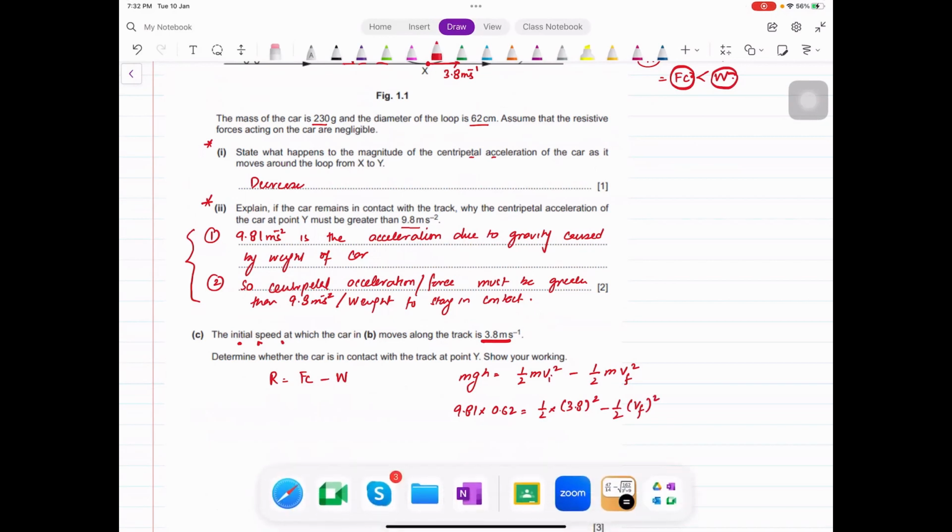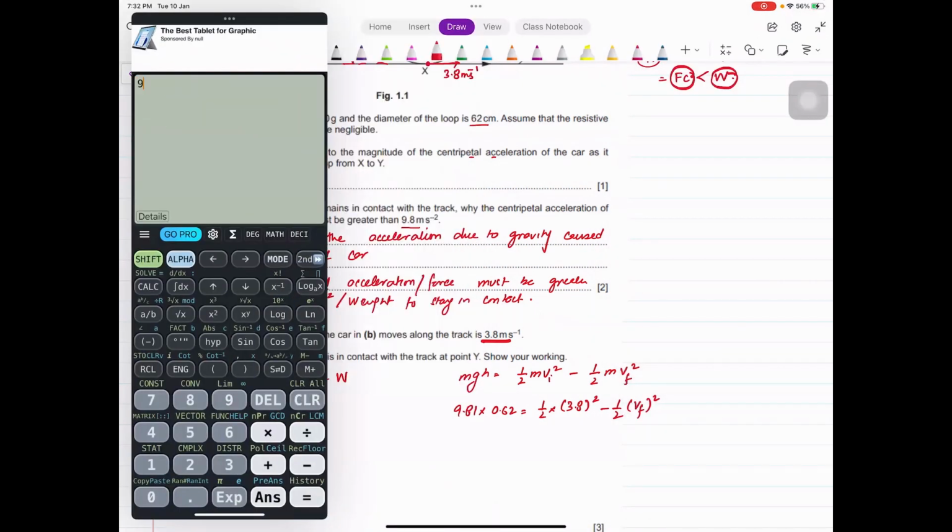Okay, let's try this now. So this is going to be 9.81 times 0.62, which is 6.0822. This is going to be 0.5 times 3.8 whole squared, sorry, 0.5 times 3.8 squared, and this will be 7.22, and this is half vf squared.